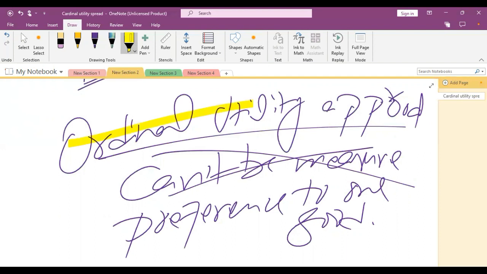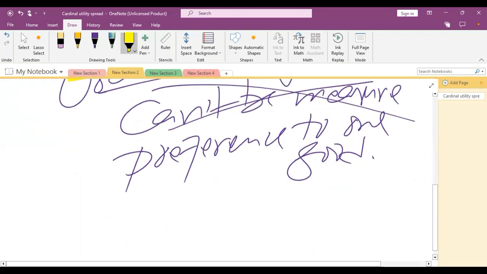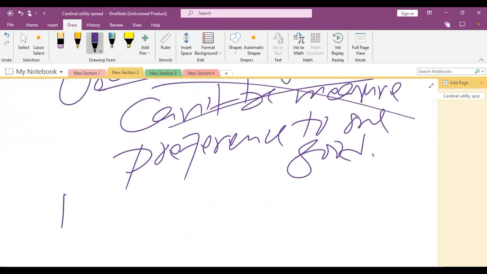So let's meet in the next class for the next learning objective that is the indifference curve.